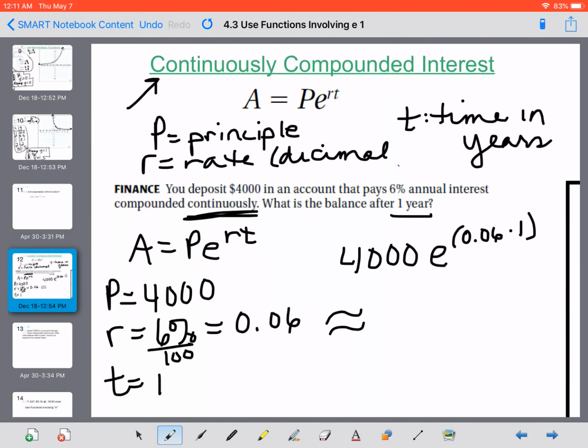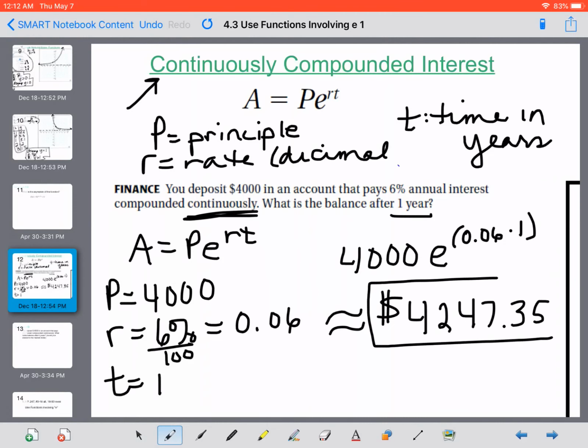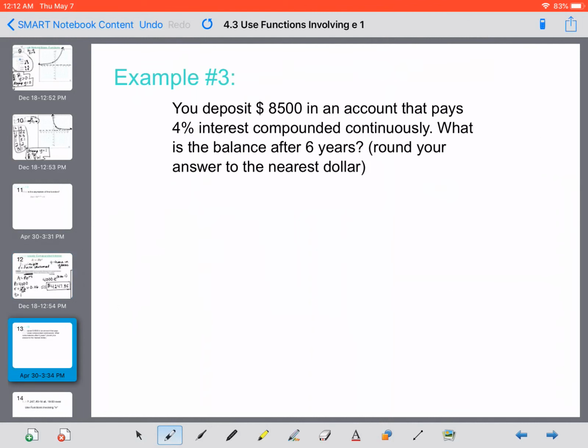So your answer will be approximately, remember it's money, so use your notation, $4,247.35. Make sure you round to the nearest hundredth, since we're dealing with money. Okay, now you have 3 formulas. Make sure you know when to use which formula. And the next slide is example 3.